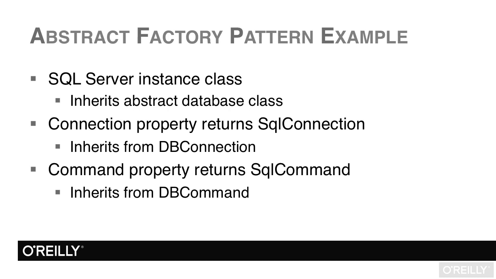In that connection property, although it is of type DbConnection in our abstract class, for our SQL Server class, we'll return a SqlConnection. SqlConnection inherits from DbConnection, so it obeys the rules in terms of obeying the interface for the abstract database class. Likewise, our command property will return a SqlCommand. And of course, SqlCommand inherits from DbCommand. So that again honors the contract of the abstract database class.